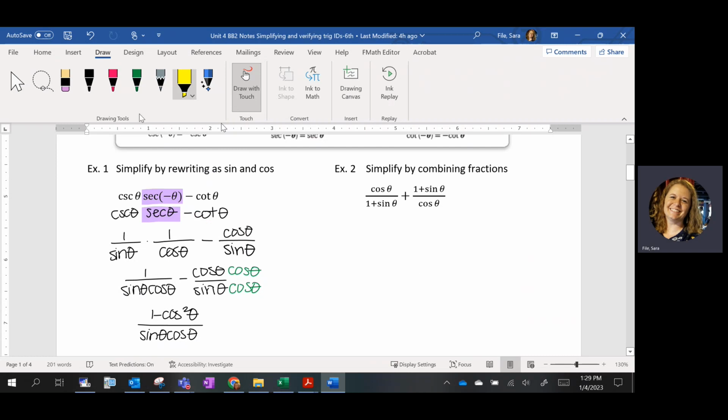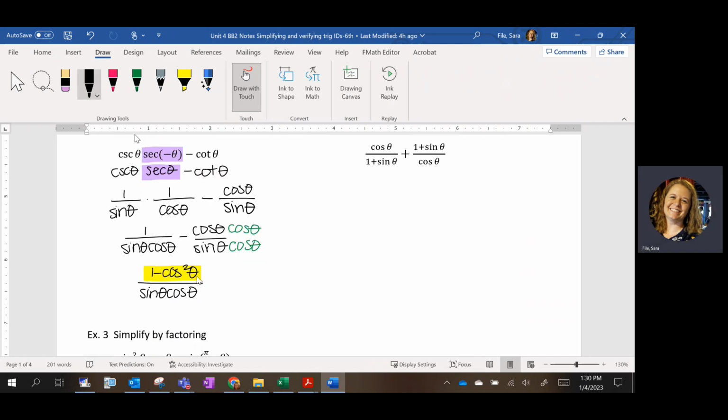I cannot cancel because in the denominator, cosine is a factor, but in the numerator, there's a minus sign. Remember, y'all can't cancel across a plus or a minus, only if they're factors being multiplied. I can use the Pythagorean identity. 1 minus cosine squared is the same thing as what? Sine squared. I'm running out of space, so I'm going to have to go to the right over here.